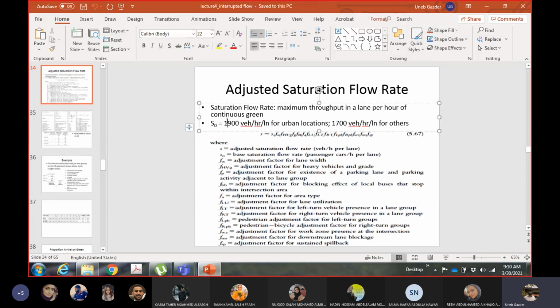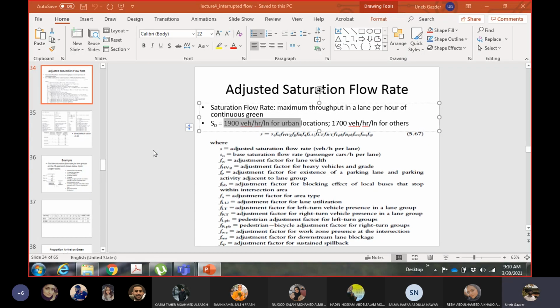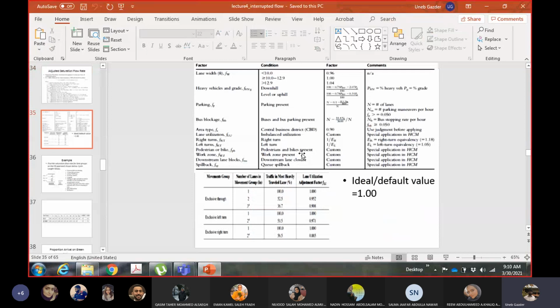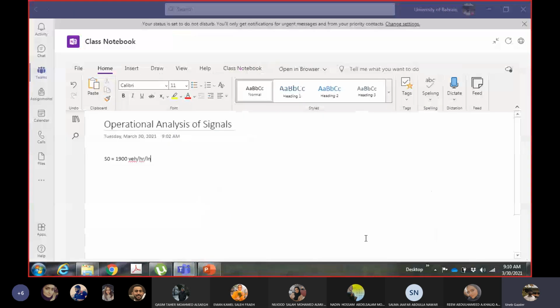We will take the base flow rate as 1900. First of all, we need S0, so I'm assuming S0 to be 1900 vehicles per hour per lane. Now I will look at the adjustment factors which I can apply. Which adjustment factors should be applied?